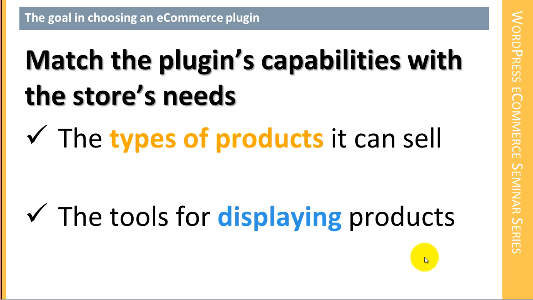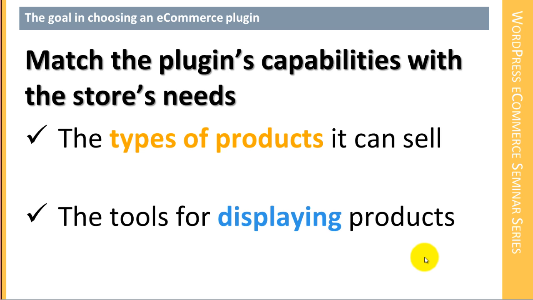And that's probably going to end up being the major part of the criteria that you're going to use for choosing this. Now, this may come as a surprise to you, but there's not a one-size-fits-all solution. But that is absolutely the case. There is no one-size-fits-all solution for e-commerce.